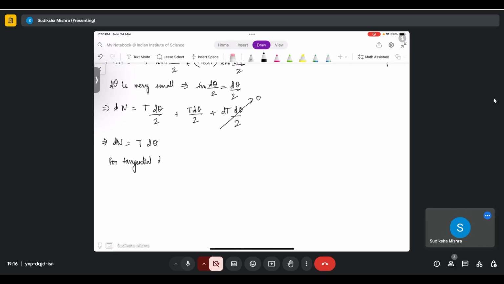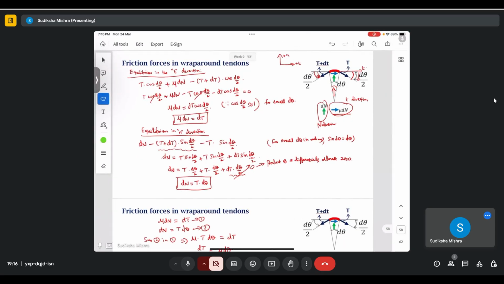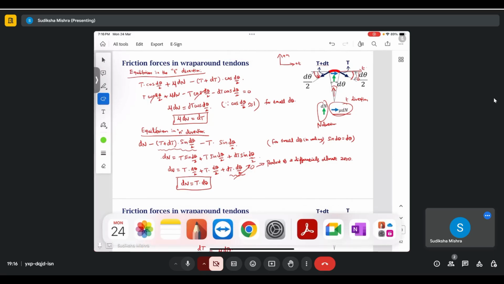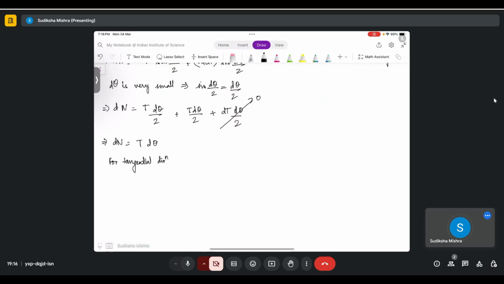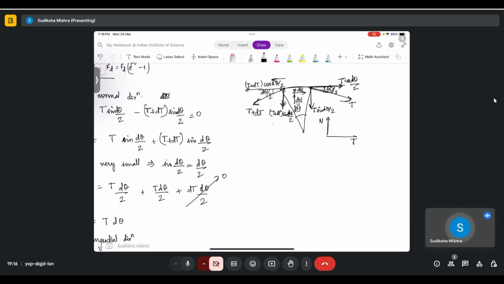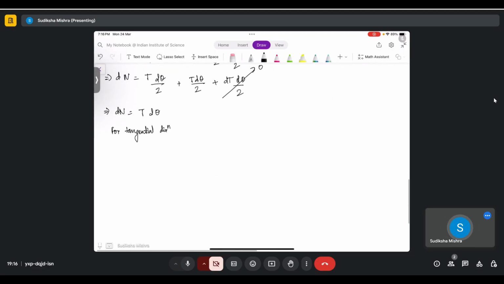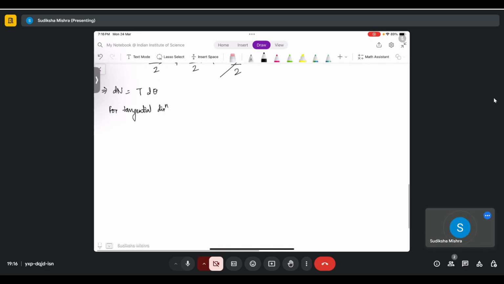For the tangential direction, what forces are there? The frictional component, and the cos components of both of these tensions. So let's write that down.